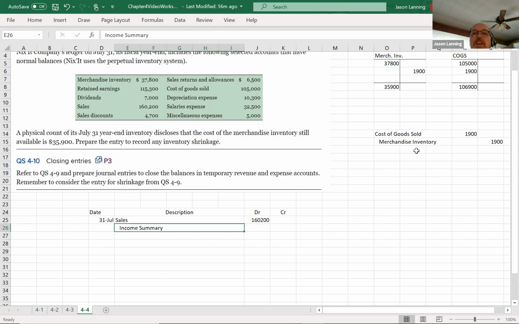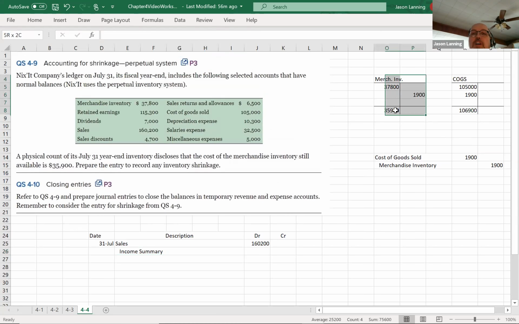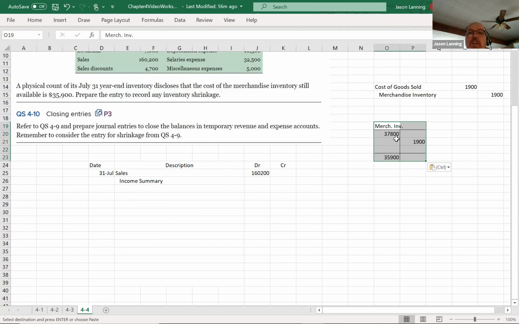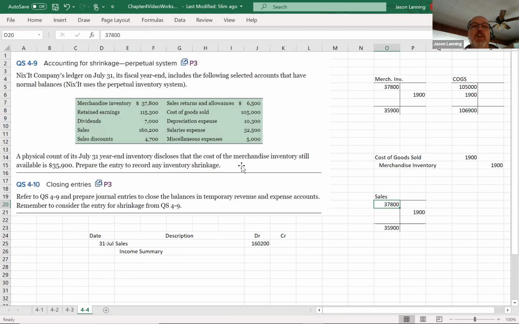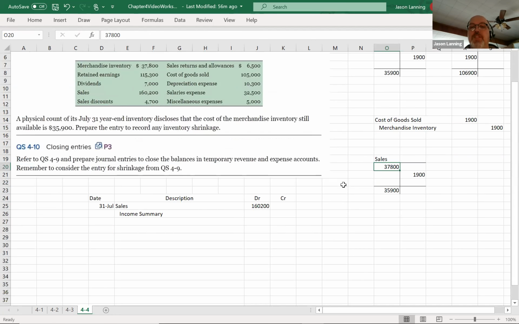Now, if we did a T account of sales here, what we would see is maybe sales we had, what was it again? 162.